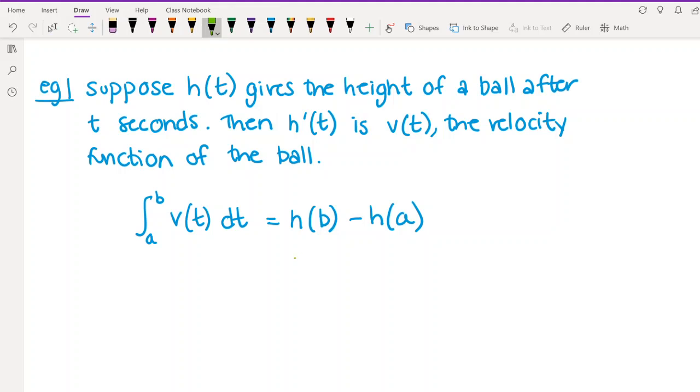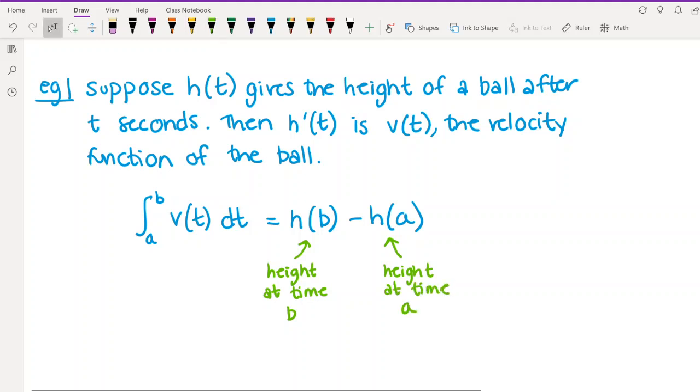Well, this here would represent the height at time b, and this here would represent the height at time a. And so if you subtract the height at time b minus the height at time a, that's going to give you the change in height from t equals a to t equals b, right?